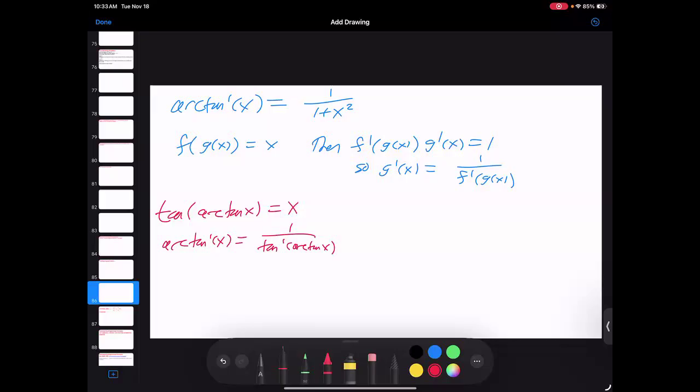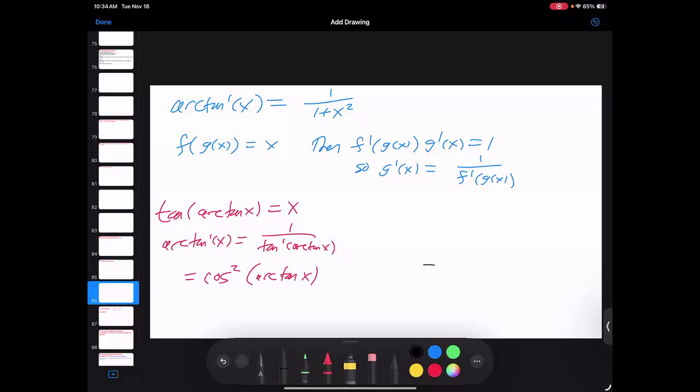So you get cosine squared plus sine squared over cosine squared. So you get 1 over cosine squared. It is secant squared, but I actually want to just leave it as 1 over cosine squared because I have 1 over tangent prime. So then that means this is the same as cosine squared of arctangent of x.